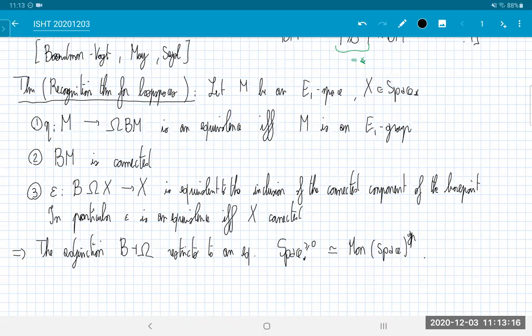That's because when M is a group and X is a connected space, in this case, the unit and co-unit restrict to equivalences. So this gives you inverse equivalences.